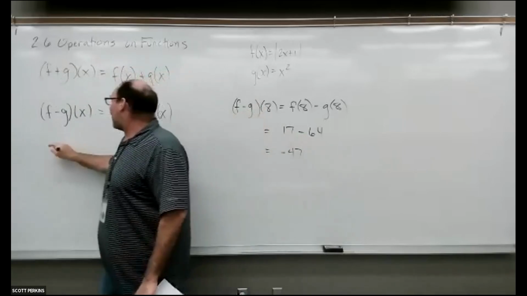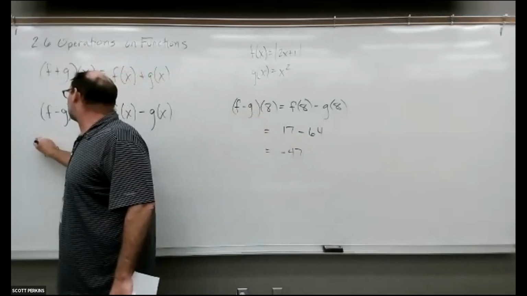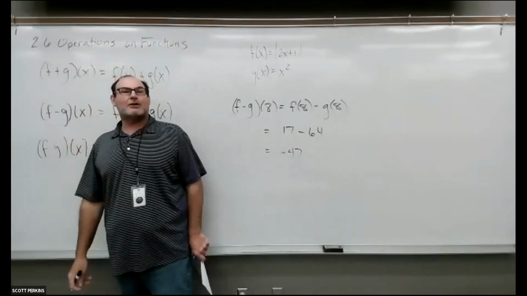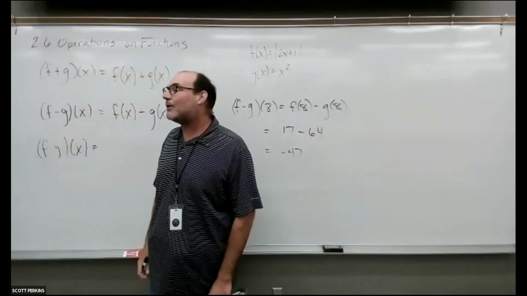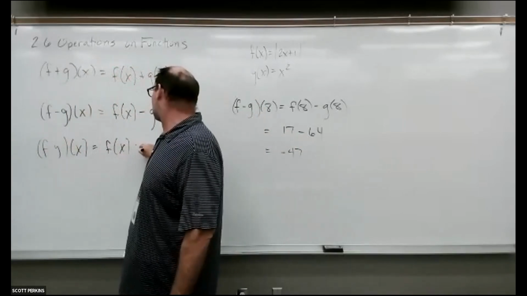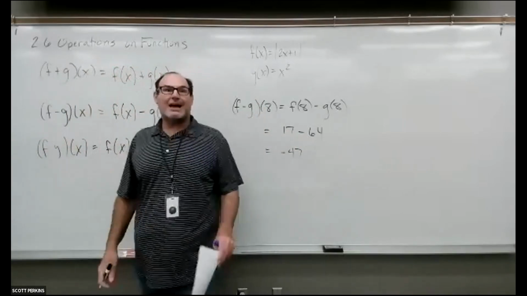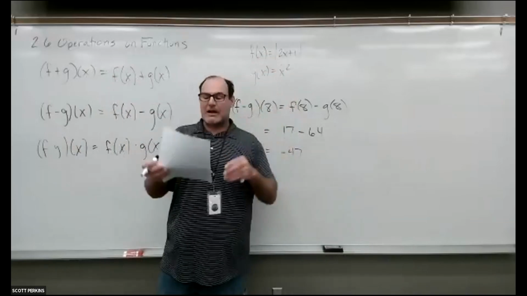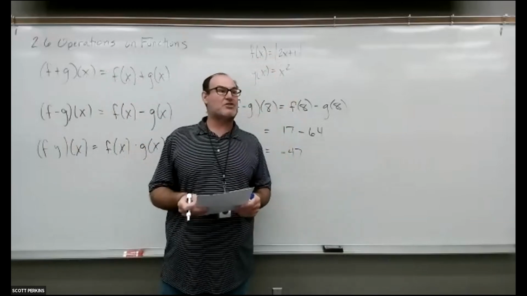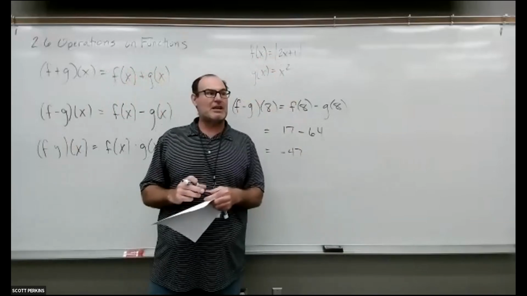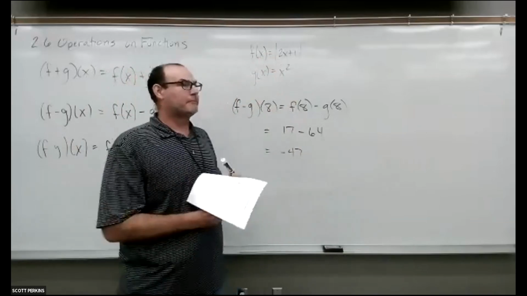The next one on your sheet is function multiplication, f times g of x. And lo and behold, I think you could probably all have already written this down. It's just going to be the function value of f at x times the function value of g at x. After you've written that down in our definition up above, go ahead and do exercise 3 with these same two functions. Find f times g evaluated at 4.